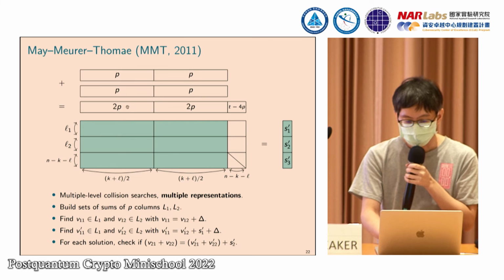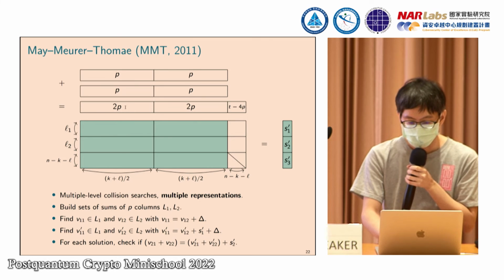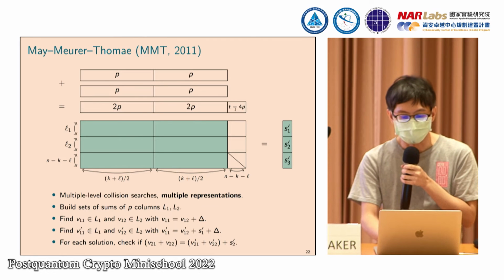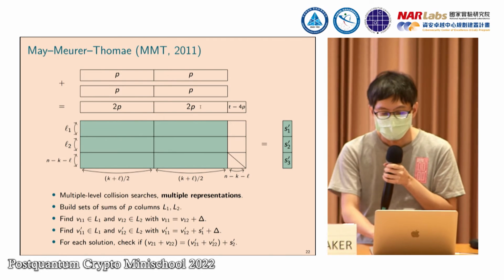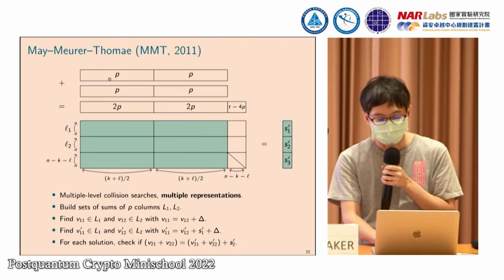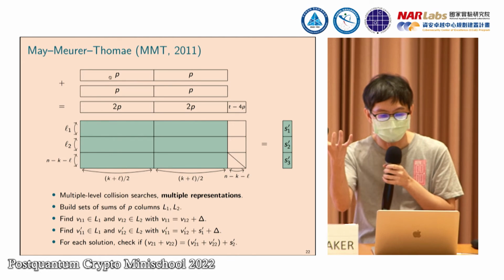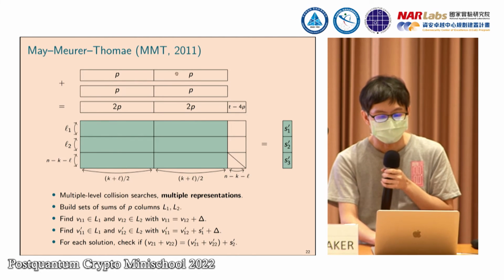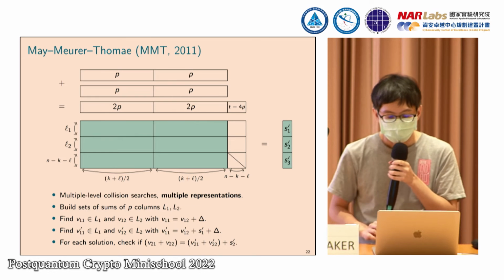So it's going to have 2p errors, and then t minus 4p errors. And this 2p errors actually comes from some p errors plus p errors.